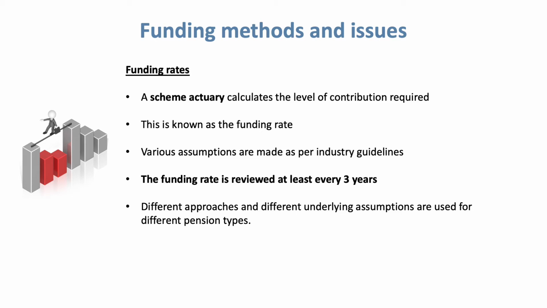So once every 3 years as an absolute minimum will the funding rate be established, and different approaches and different underlying assumptions are going to be used dependent on different pension types. This funding rate, of course, is going to place an obligation on the firm to put in what they need to meet the obligations to pay for those people that are drawing the benefits out and those that will draw benefits out in the future.